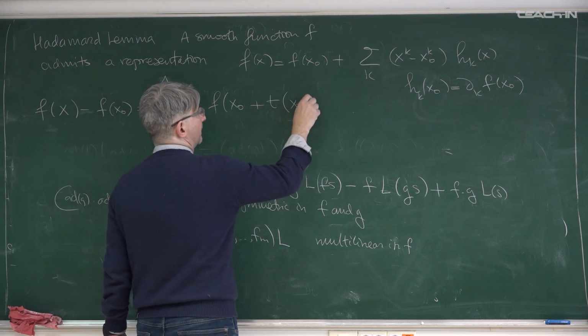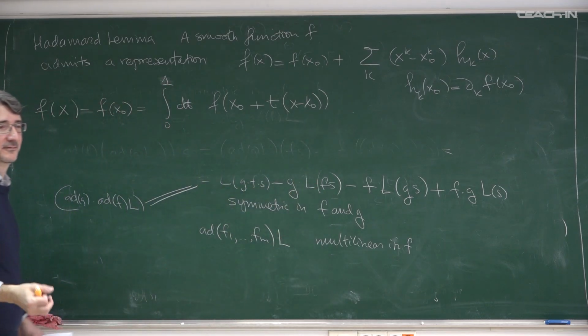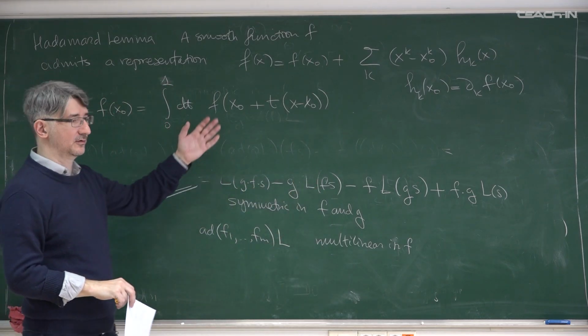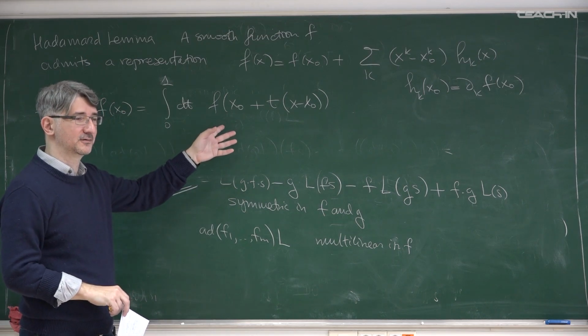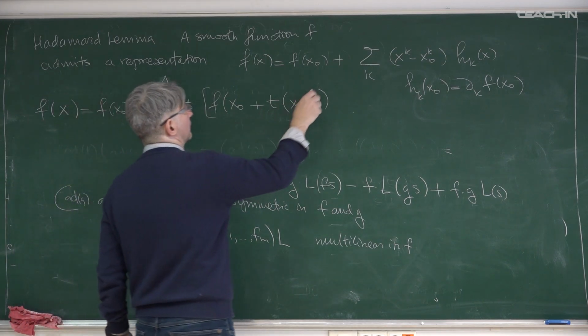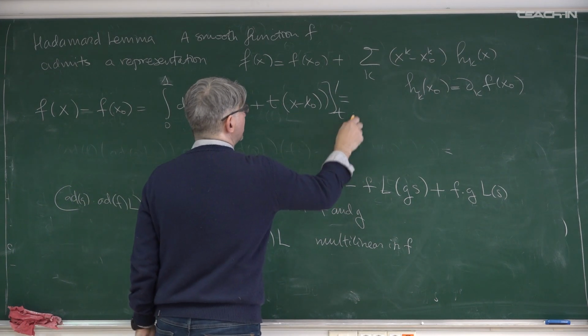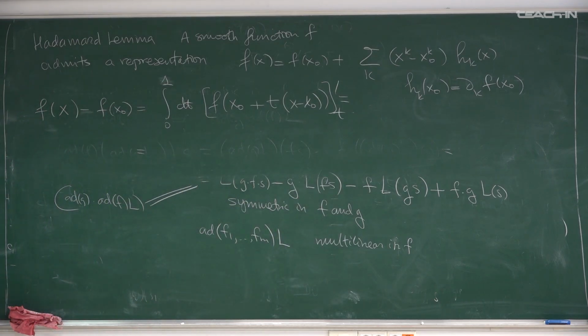So there is no other way than to write it in this form. Yes, but it's not correct. What should I change here? Derivative, yes, I should take the derivative by t. Guys, I guess you can calculate the derivative mentally.